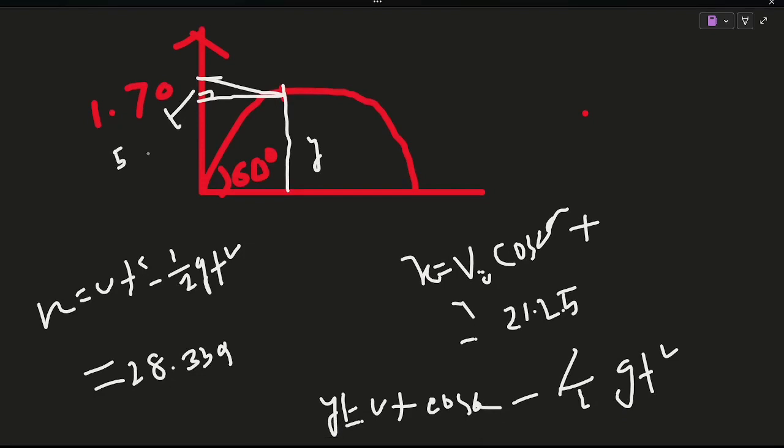Okay, 5.69, and that is 28.339. Sorry, 21.25. Okay, using the Pythagorean theorem we can calculate that it is 20 meter. Done.